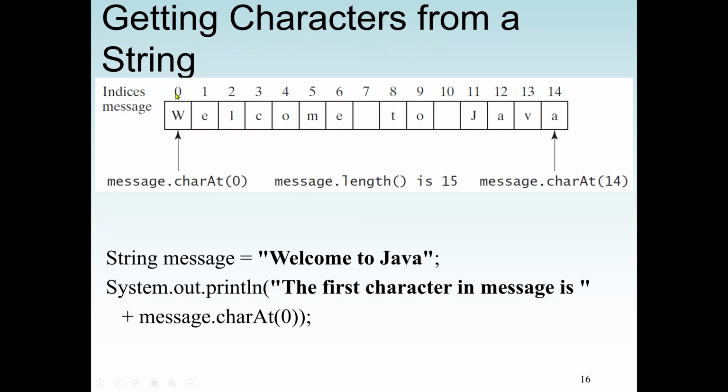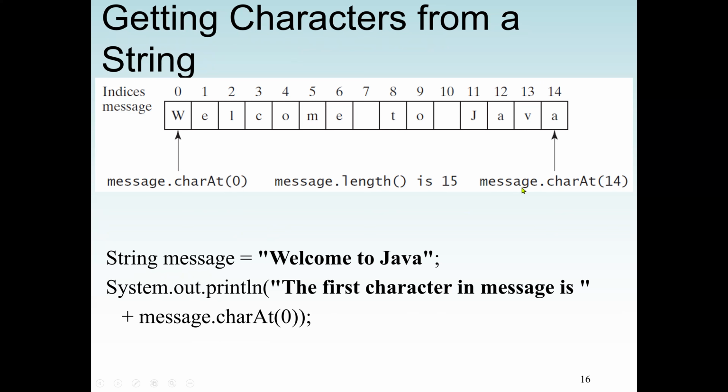Welcome, the index will start from 0. You can see the space is at index 7. So a space is a character. Index 10 is also a space in Java. So this means from 0 to 14, that would be 15 characters total. So if we call message.length, the answer will be 15.